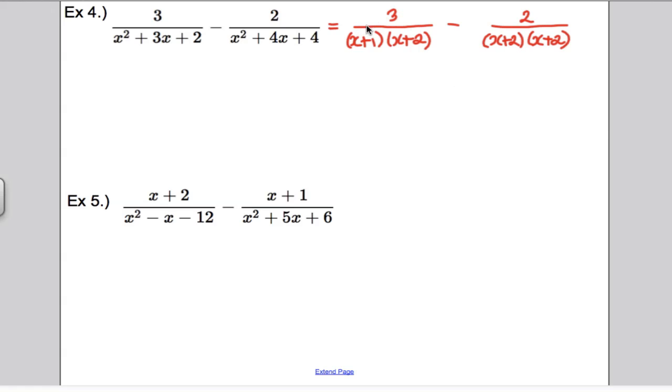Now, what is the lowest common multiple of x plus 1, x plus 2, and x plus 2, x plus 2? Well, they've both already got an x plus 2 in it. The lowest common multiple would have one extra x plus 2 from this side and an x plus 1 from that side. So it must have two of these and one of those.